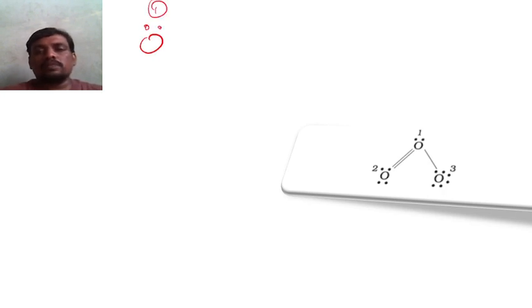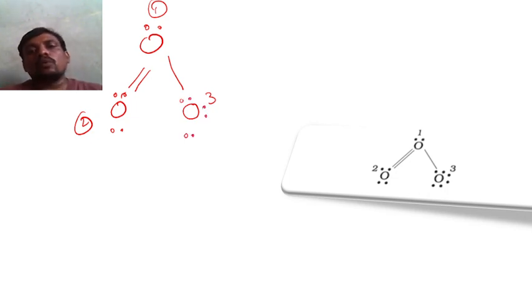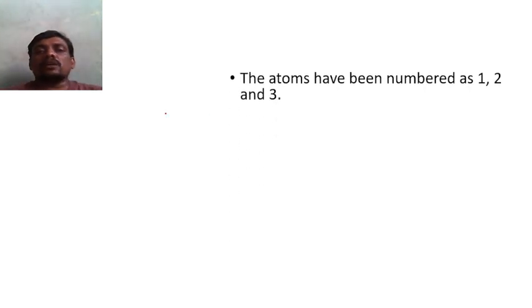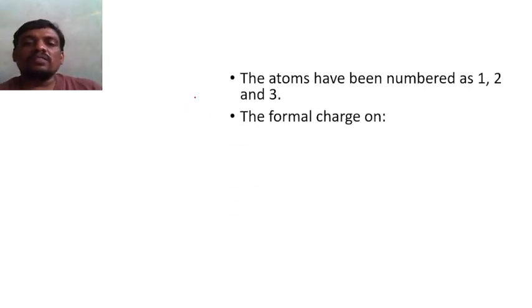Between the first and second oxygen atoms, a double bond is seen, which means two pairs of valence electrons are shared between the first and second oxygen atoms. Whereas the third oxygen atom forms only a single bond, because one pair of valence electrons is shared between the first oxygen atom and the third oxygen atom. Finally, the atoms have been numbered as 1, 2, 3 in the given diagram.